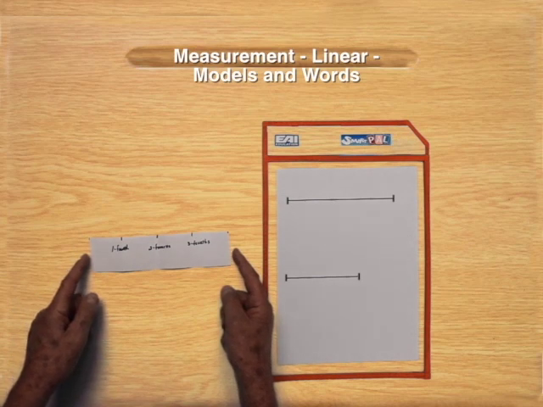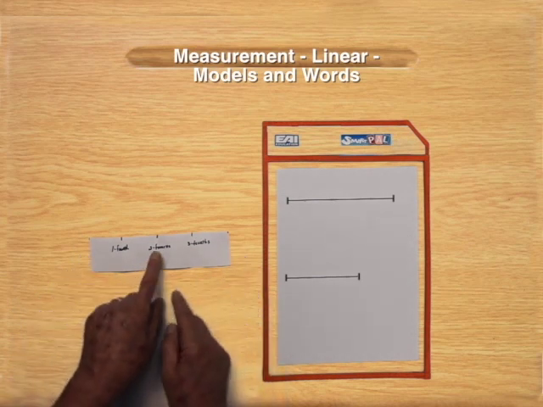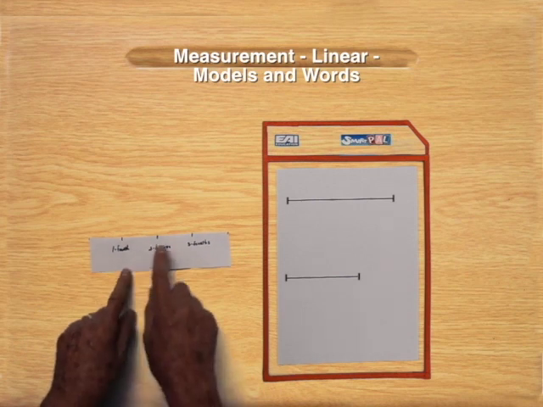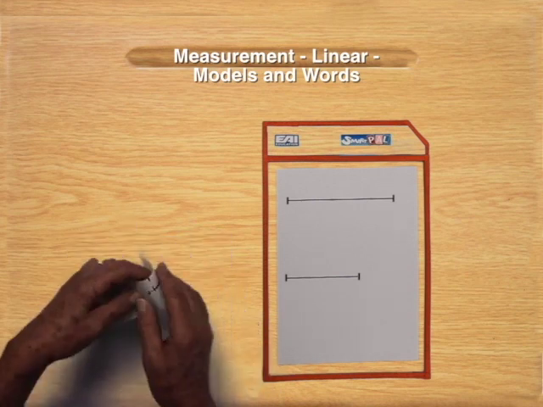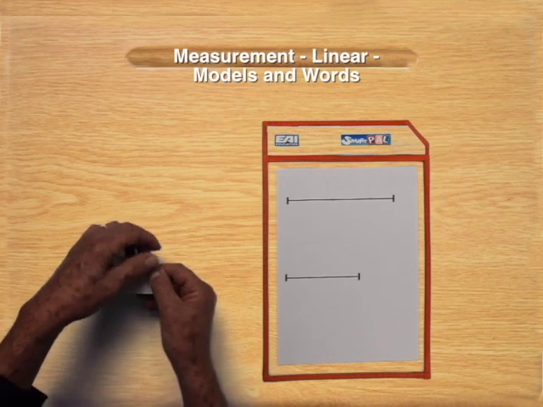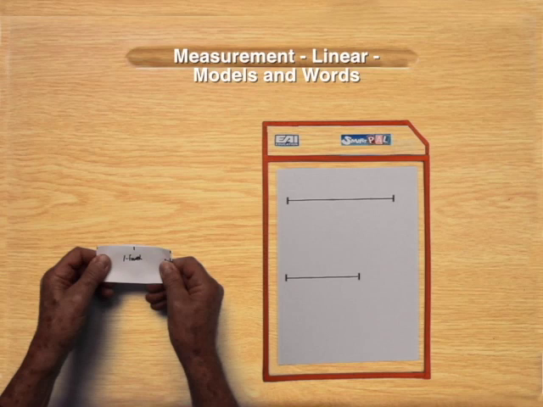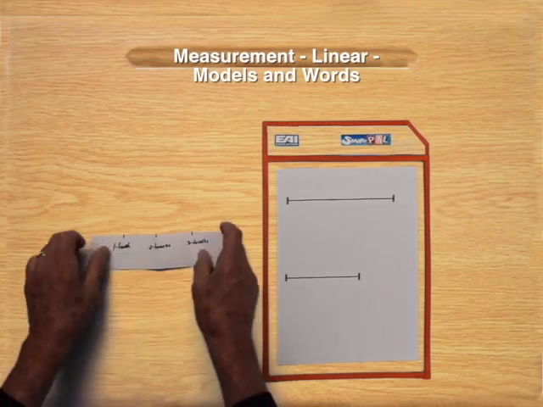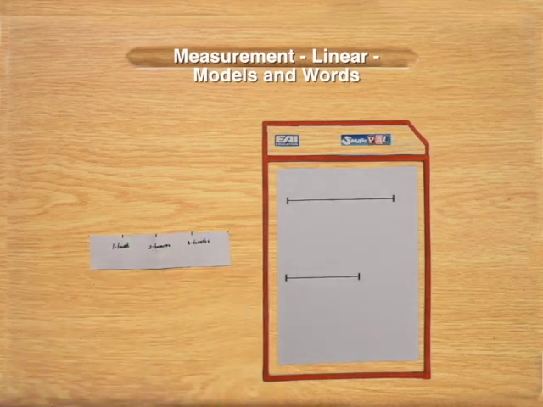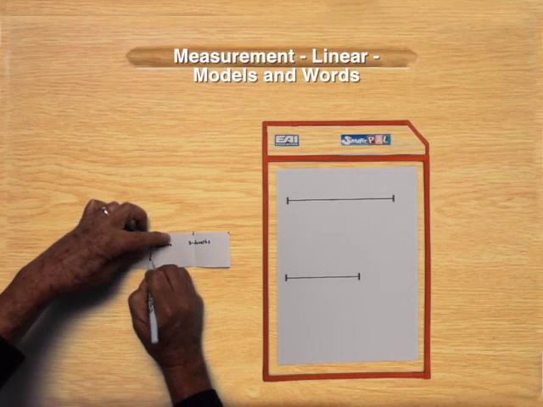But there's something else that happens also. Look at 2/4. There's another fraction for this part of the unit of measure. If we take the unit of measure and fold it like this, we see that it takes up half of the unit of measure. So we can put 1/2.